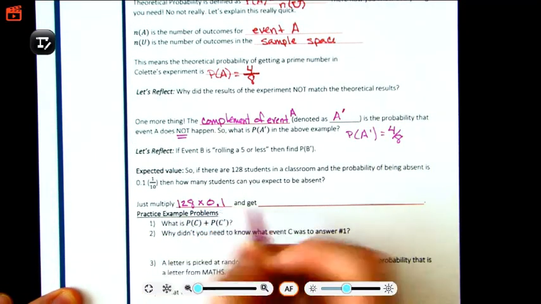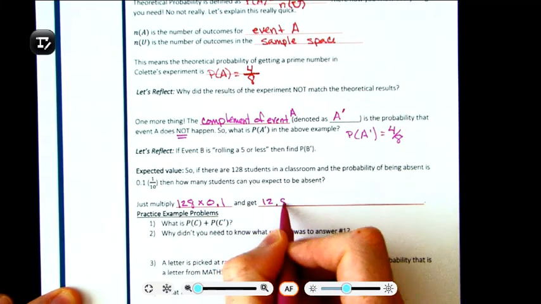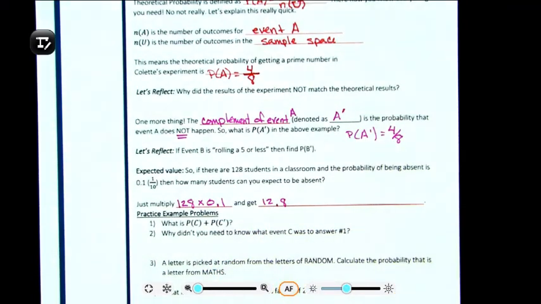Well, this is a perfect example of where mathematics is perfect on paper, but not perfect in real life. I can't have 12 students absent and then 8/10 of one absent. What does that mean? Their left leg comes to school? You can't have that. So we're going to say between 12 and 13. You can round up to 13 students, and that would be acceptable.